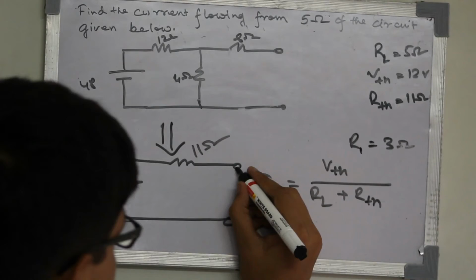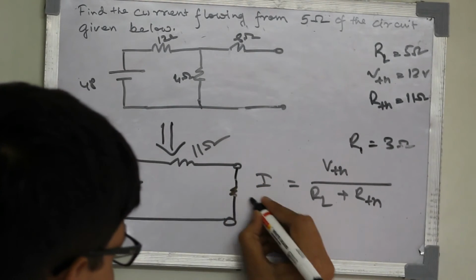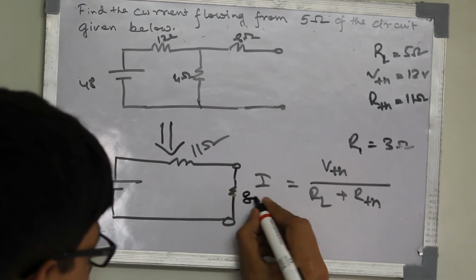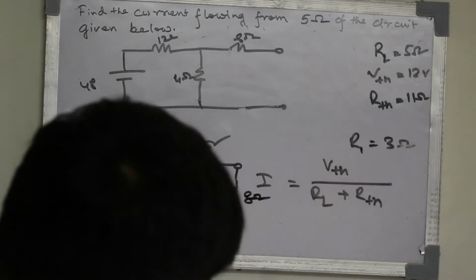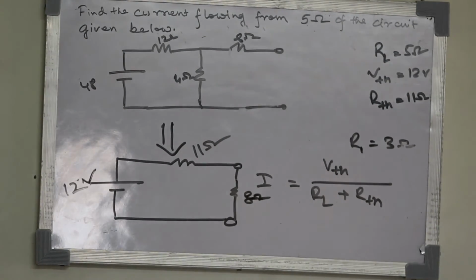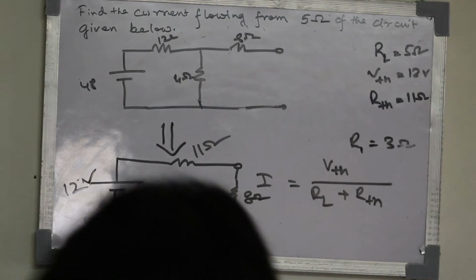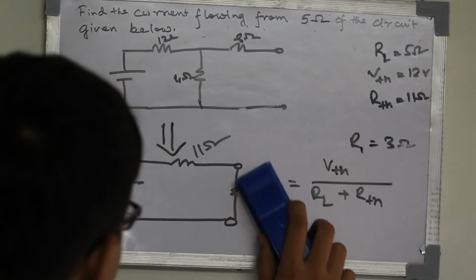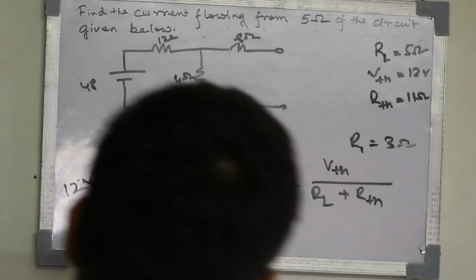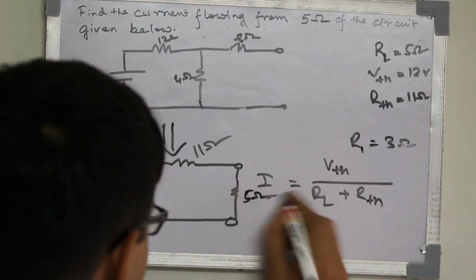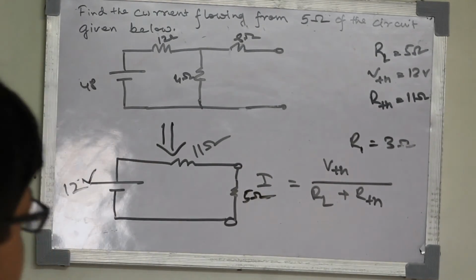We have to add our load resistance here. Okay, so we know that this is 8 ohm. Sorry, it was not 8 ohm, it was 5 ohm. Sorry, it's my mistake.